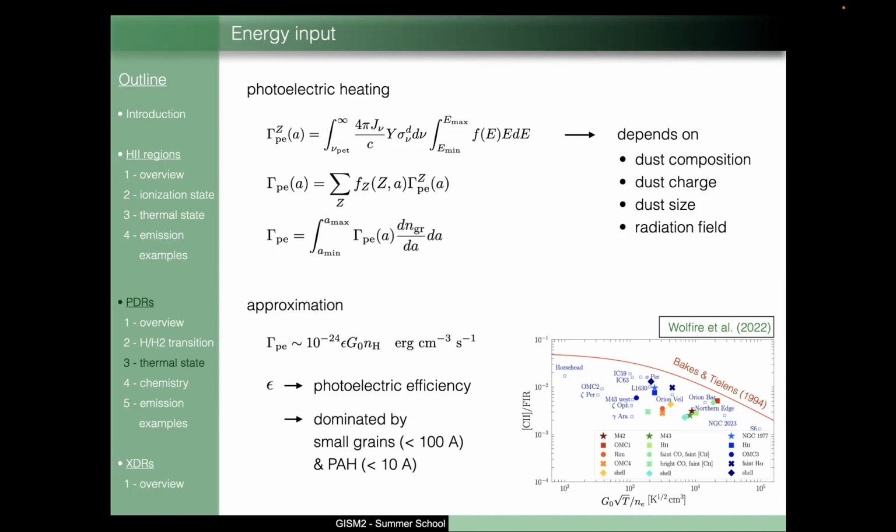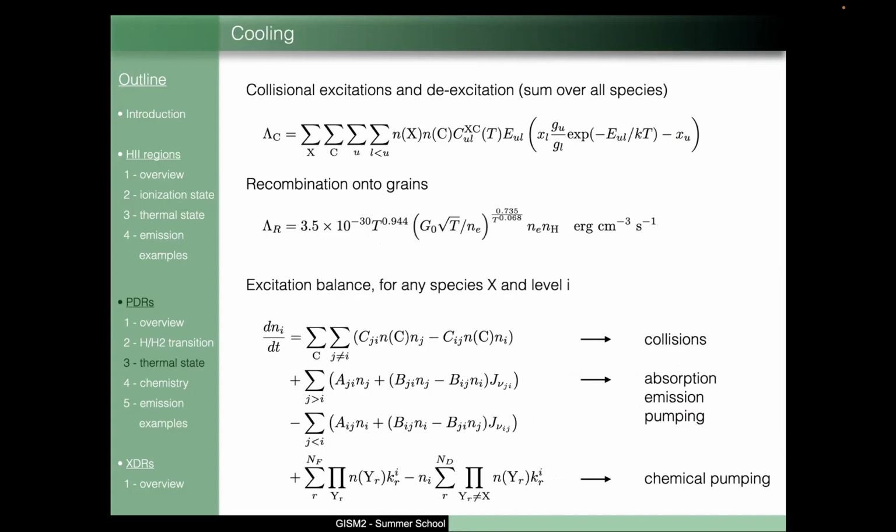photoelectric efficiency. Okay, so now if we look at the cooling, I will go quickly here. The cooling is dominated in PDRs by collisional excitation. And I include collisional de-excitation because sometimes this term can be a heating term. This is especially the case for H2. We are going to see that in a minute. But this is the main cooling term in general.